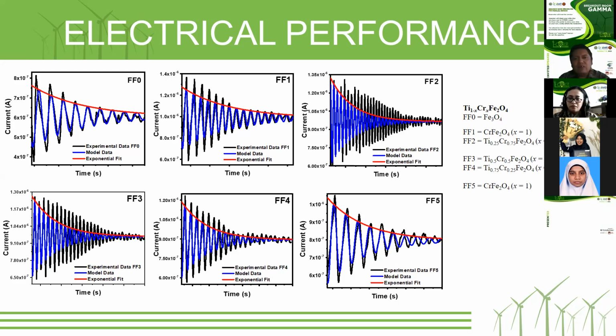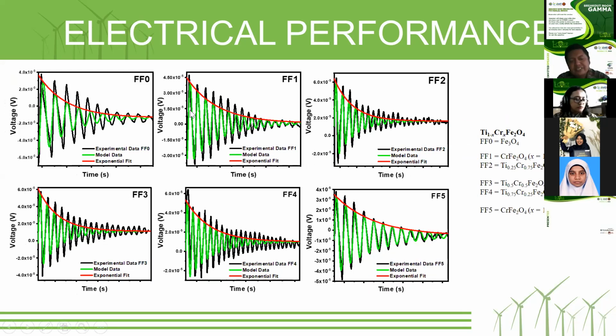The second one is the voltage, in the last slide. This is more stable than the current. From this voltage measurement, we can see that by inserting some doping with other metal, we can produce magnetic fluid with better performance for an energy harvesting agent.